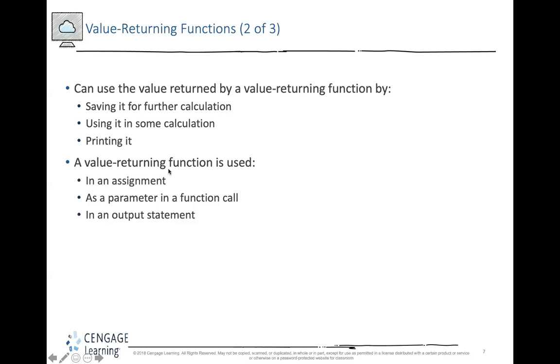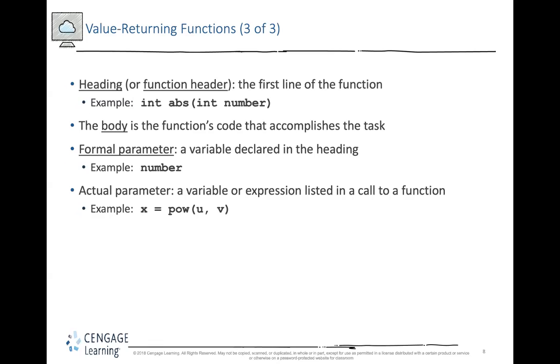It could also use that result in an assignment. After you do some calculation, you invoke a function and you assign it to a variable. Or maybe you use the result directly as a parameter in another function call. So there are just different ways of using it. That's called being part of an expression, and you can use that expression wherever an expression is allowed in the language.